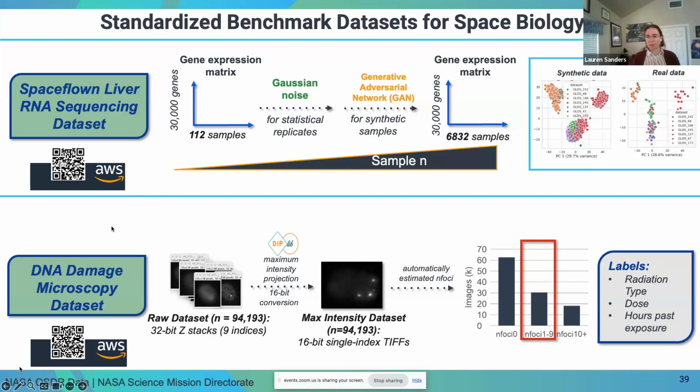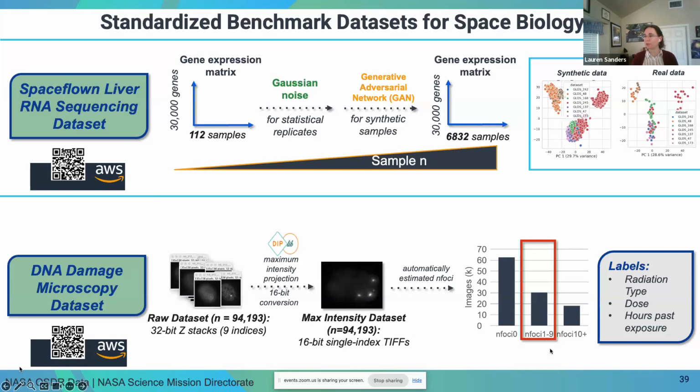We also published a microscopy data set with fluorescent microscopy images of cells that had been stained for a marker of DNA damage and repair after exposure to radiation. So this is a great data set for studying the effects of increased radiation on the cellular level. We converted the data set from its raw form into a maximum intensity projection that's a little bit easier to train models on.